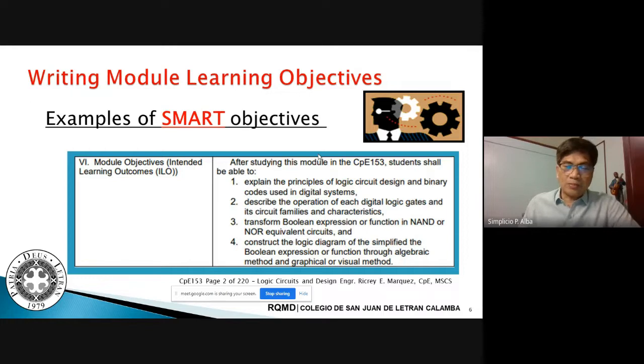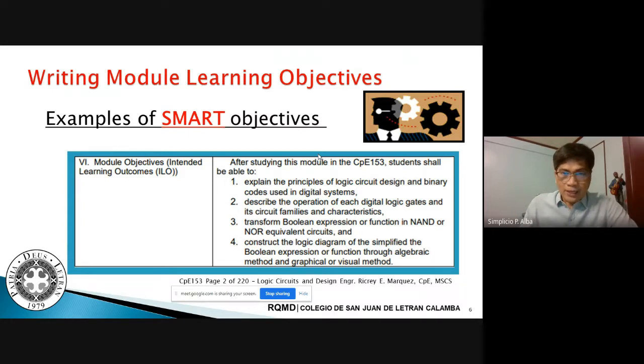Another example is from the module entitled Logic Circuits and Design, developed by Engineer Rick Ray Marquez. So you have there the module intended learning outcomes, and then the objectives are stated. After studying this module in CPE 153, actually that's your time base, students shall be able to explain, describe, transform, construct, which actually are action-oriented words.